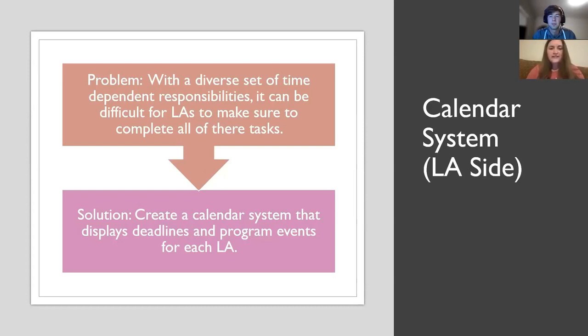To have one place to keep track of everything will make it more efficient, not only on the administrative side of things, but it will also make it better for the LAs themselves, so that they have one place to look for everything. And so this is something that would be very, very nice to have.